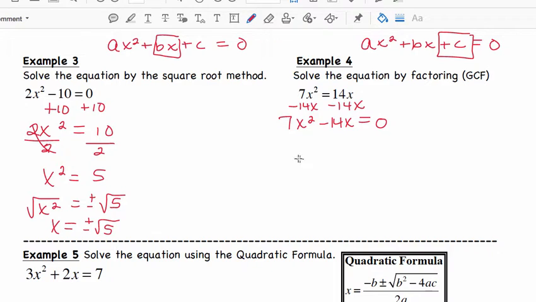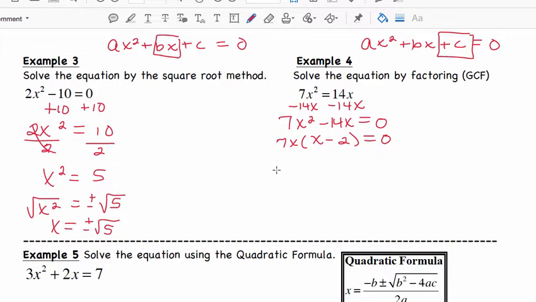And then we're going to go ahead and take out a greatest common factor. The greatest common factor between 7x squared and the 14x is going to be the 7x. And when you factor out a 7x, you are left with x minus 2. And then you can go ahead and quickly mental math distributing that through again and making sure you factored correctly.